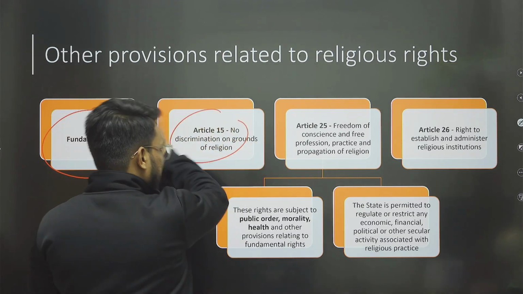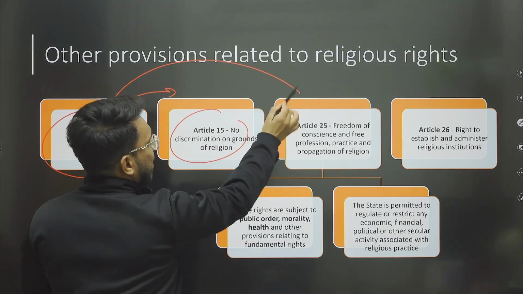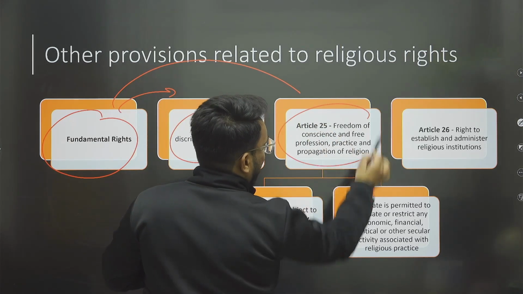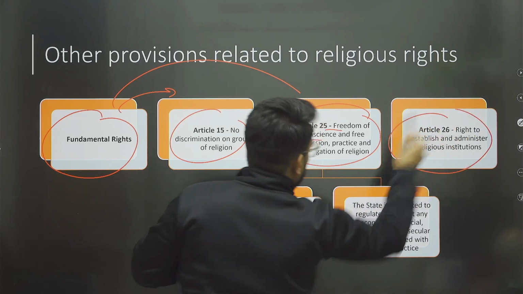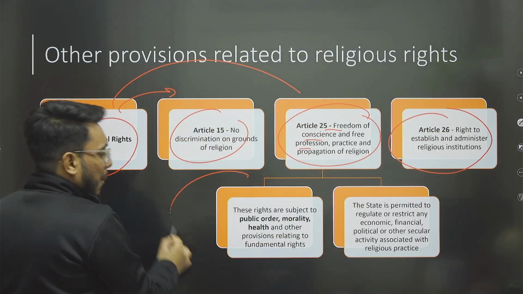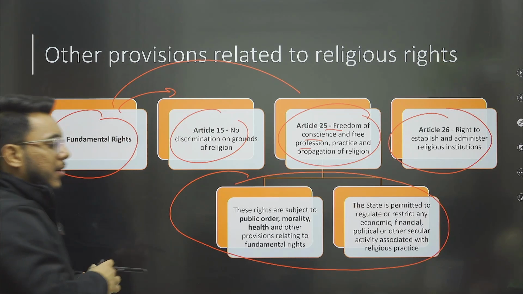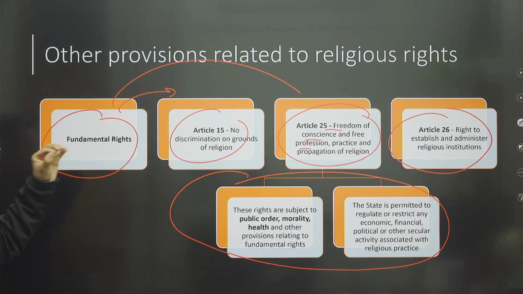We also have Article 25, which provides for freedom of conscience, profession, propagation and practice of religion, and Article 26. But these articles are restricted on account of public order and morality. If the government wants, the government can restrict them.